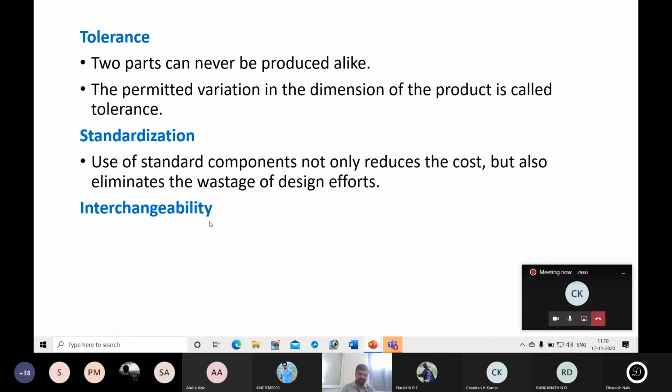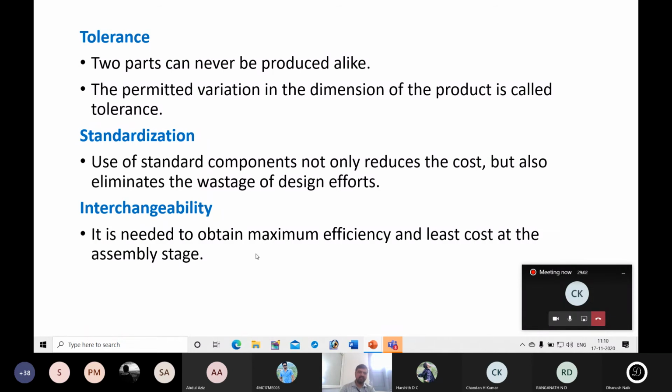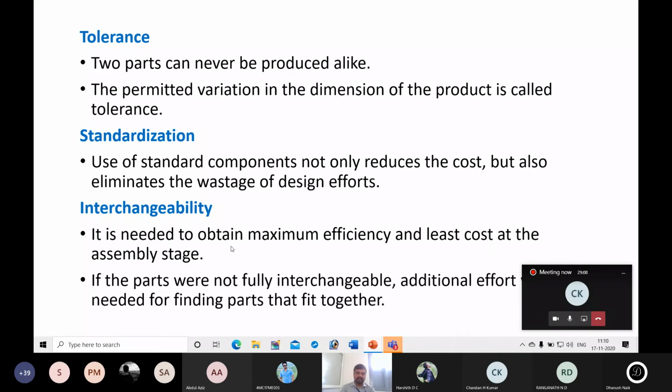Next, interchangeability. It is needed to obtain maximum efficiency and least cost at the assembly stage. If the parts were not fully interchangeable, additional effort may be needed for finding parts that fit together. Since you specify a tolerance limit, if you get two components which are at opposite extremes, then it is difficult for you to assemble them.